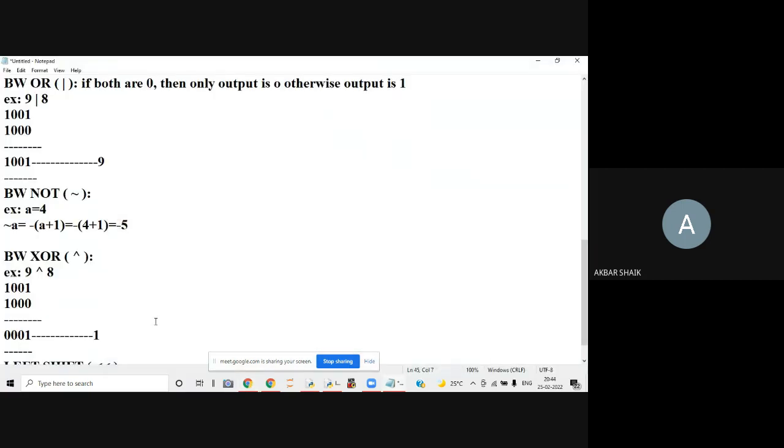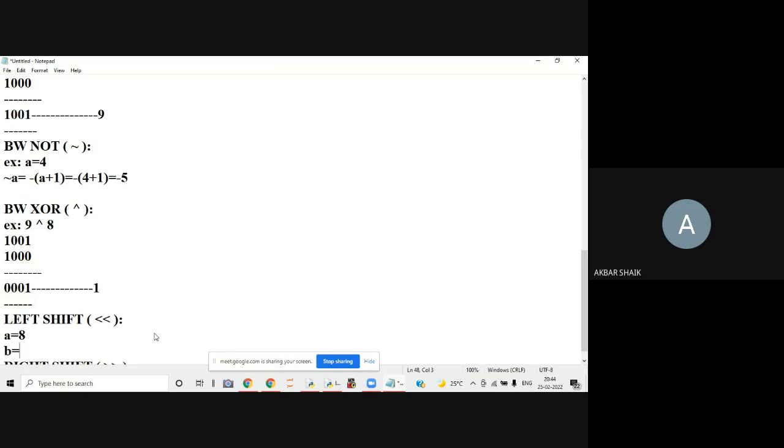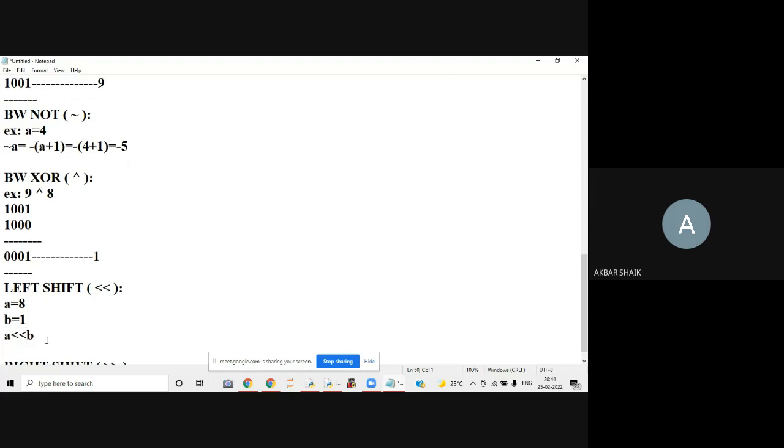Okay, right. Next, these are two important operators, left shift and right shift. Now I'll take a simple example. A value is 8, B value is 1. A left shift B. What is the meaning of A left shift B? I want to shift 1 bit towards the left side for the number 8. Here B is 1, meaning 1 bit. Left shift is very simple logic.